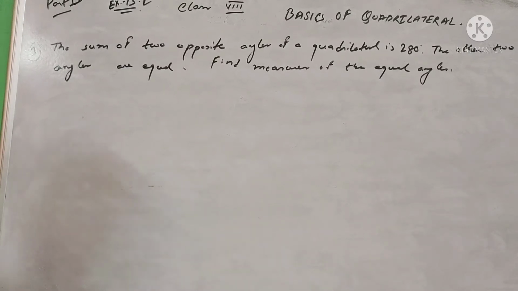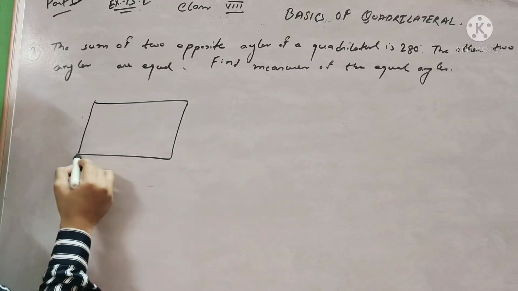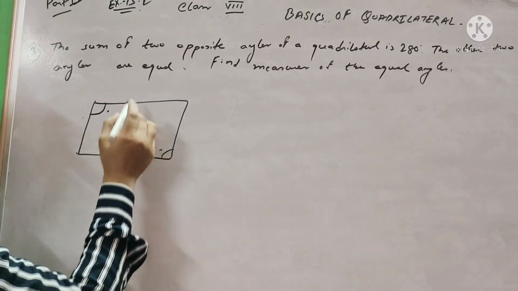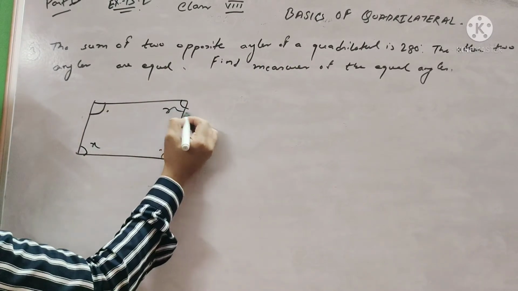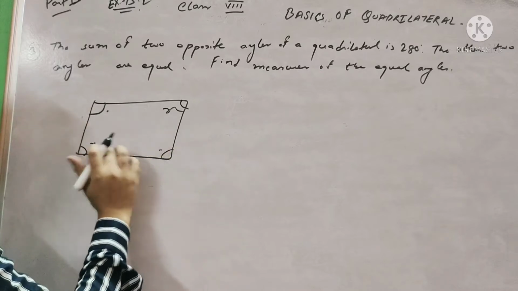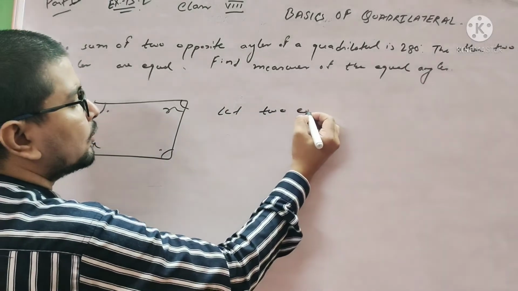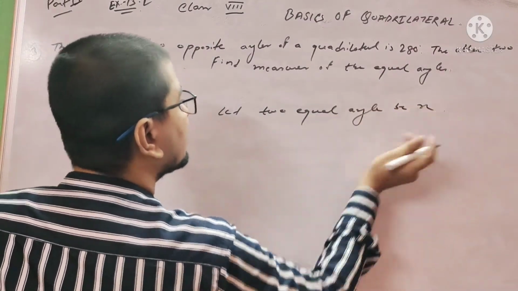So the sum of two opposite angles of this quadrilateral is 280 and the other two angles are equal. Let the two equal angles be x.